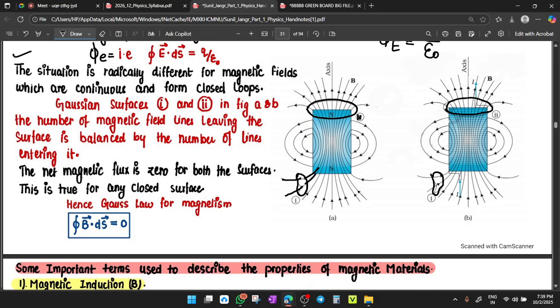Yes or no? This is one of the fluxes entering, and the same flux is leaving the surface. Clear?